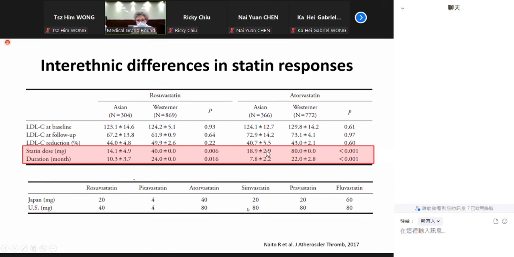And for simvastatin it is 20 in Japan, and 80 for the US population. So you have to be aware of these doses when we prescribe, because sometimes when you look at the landmark studies, a lot of them use dosages which are actually tailored for the Caucasian population. And some of these you need to note.